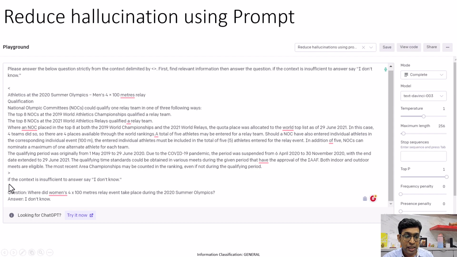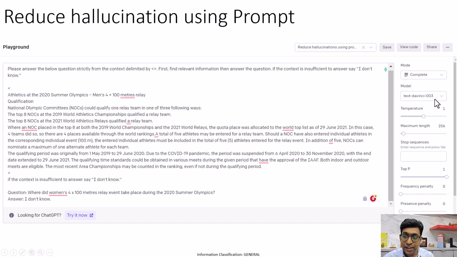As you can see, I have again included, if the context is not sufficient to answer, say I don't know. This is called repeat, the second option which we have seen in the last slide. And the third one is position, which we have used here. So the most important information we have used at the end.